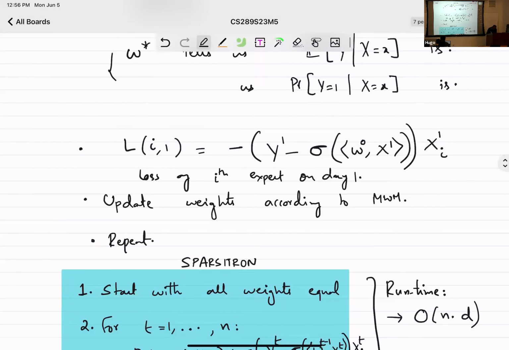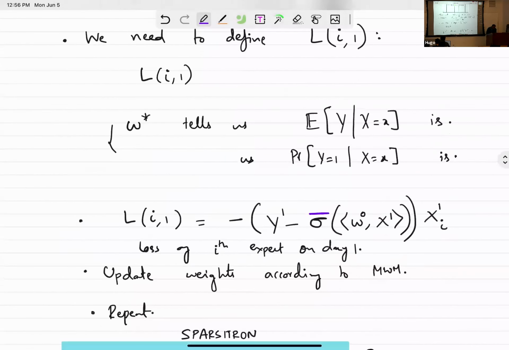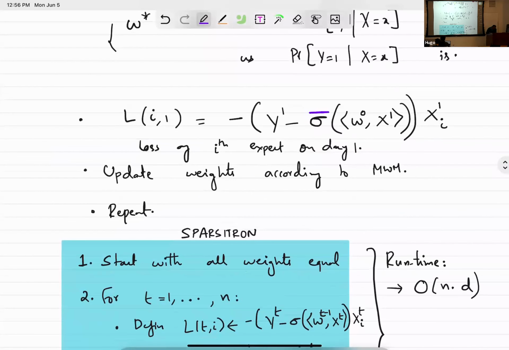Let me define my loss with some sigma bar, where sigma bar of A is 2 times sigma of A minus 1.